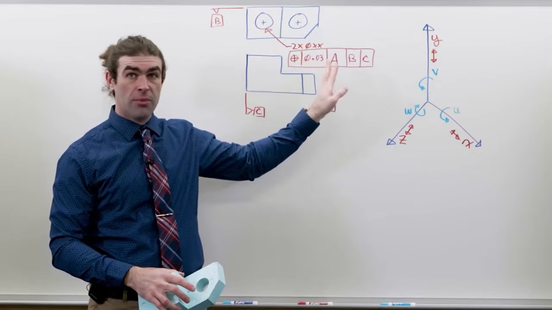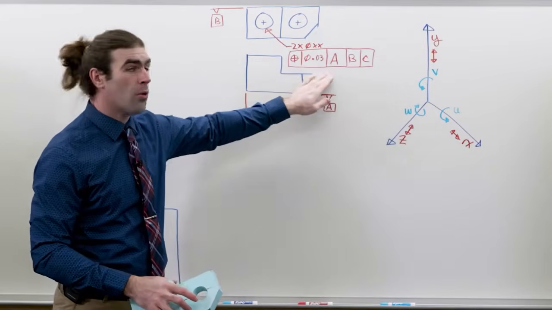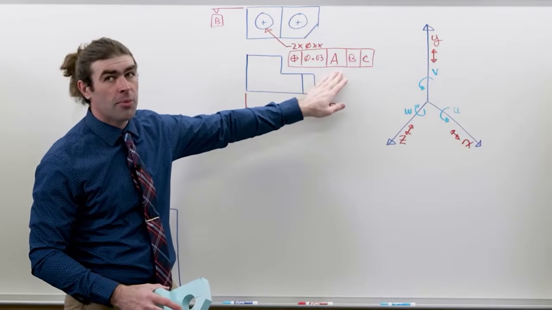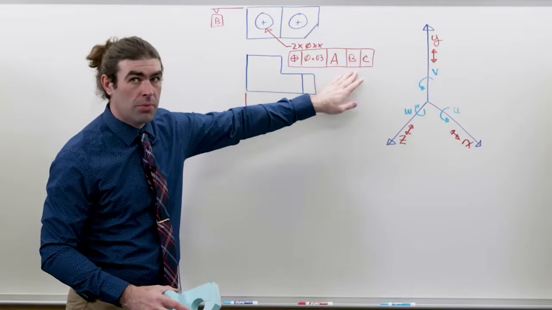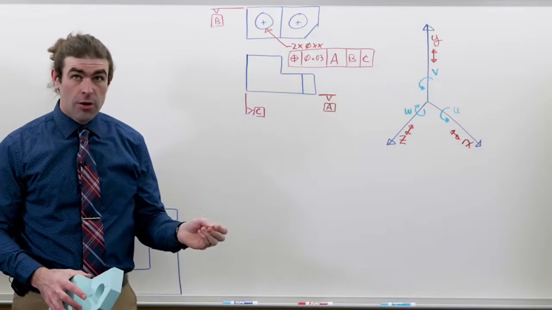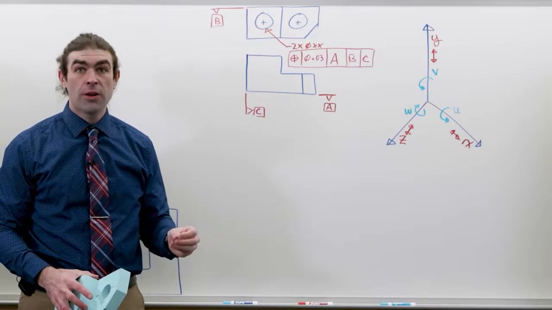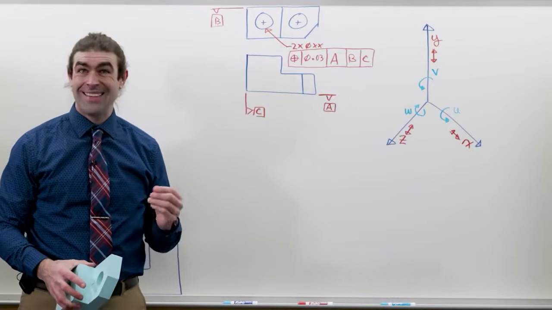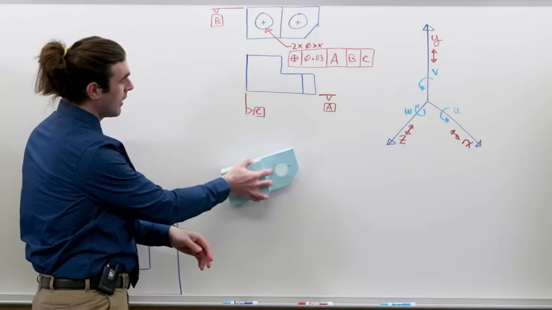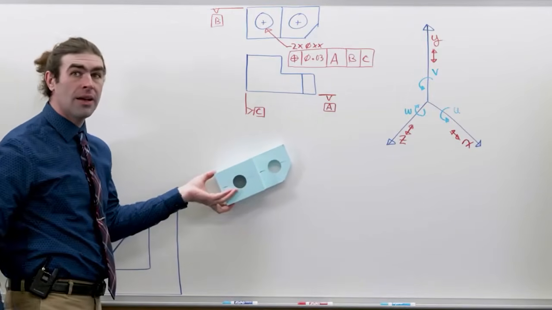These are our datum references, and this is the order of precedence. So it's saying make maximum contact with A, and then B, and then C. And those, when we do it in that order, they're going to take away the degrees of freedom in the order the designer intended.